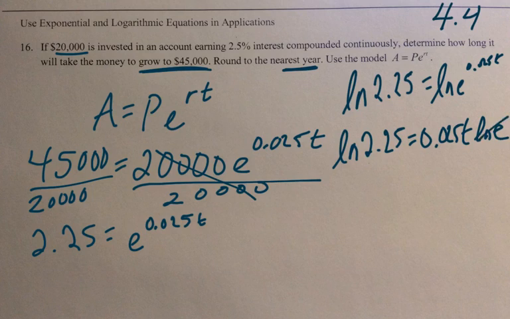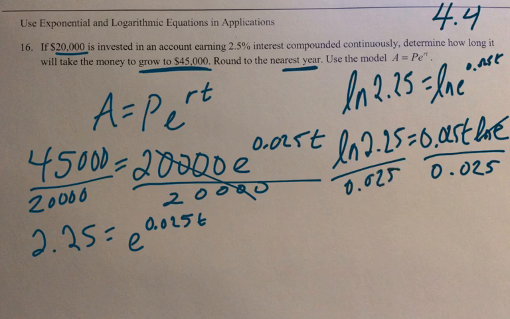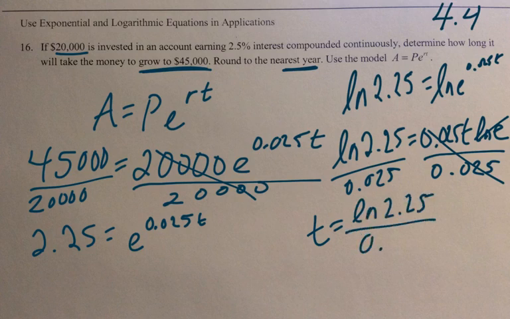To solve for t, we're going to divide both sides by 0.025. And when we do that, these will cancel, leaving us with t is equal to the natural log of 2.25 divided by 0.025. And we get 32.437.